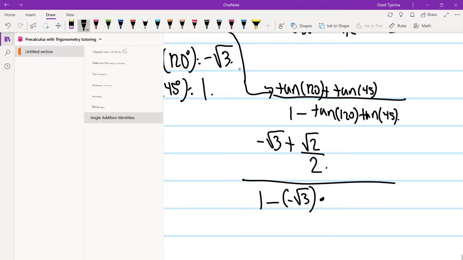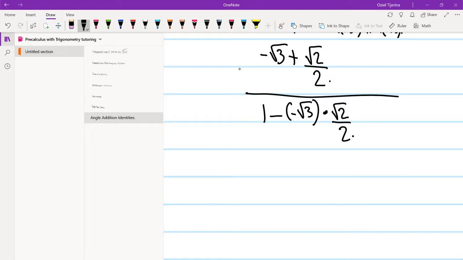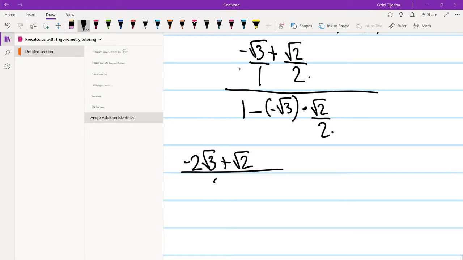So then for this, it's basically like negative square root of 3 divided by 1. And if you go ahead and cross multiply, you would get negative 2 square root 3 plus the square root of 2 all over 2.